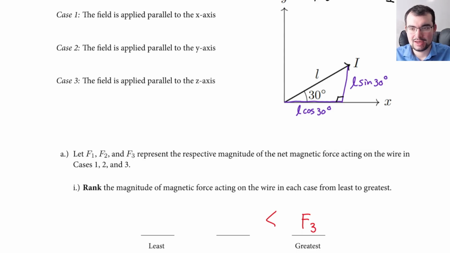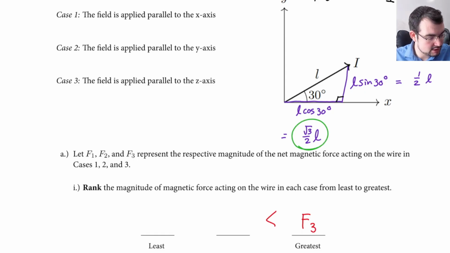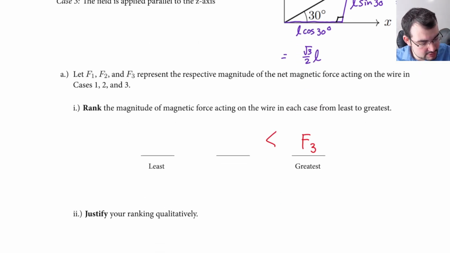So there's more wire in the X than the Y. If you know your unit circle, this would be root 3 over 2 times L, and this would be 1/2 times L. Square root 3 is bigger than 1, so this is the larger length. So you would get more force if you put the B field in the Y, because the force would act on the larger of the two components. So F2 goes in the middle, and F1 goes on the end.